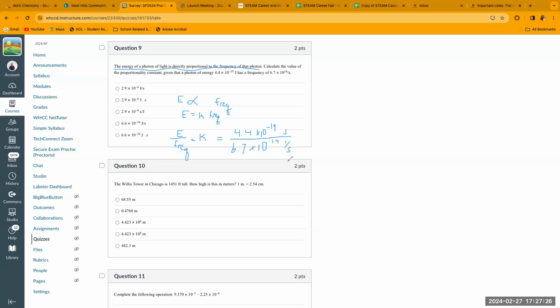Okay, since this is already 1 over seconds, when we divide by something that's above it, that's just going to give us a number in seconds, so it'll be joule seconds. So if we do this number here, what do you guys end up with?